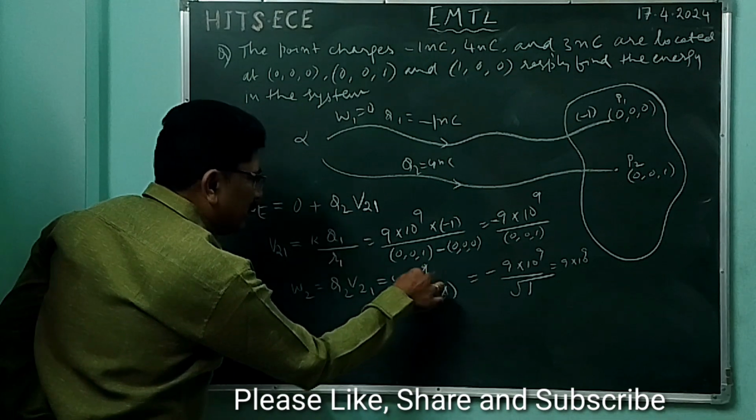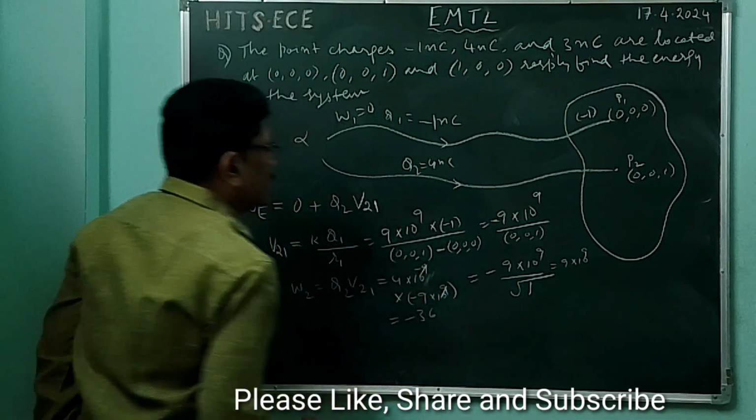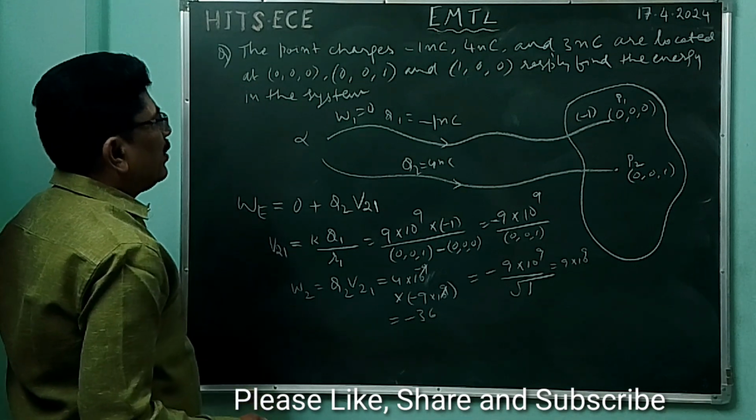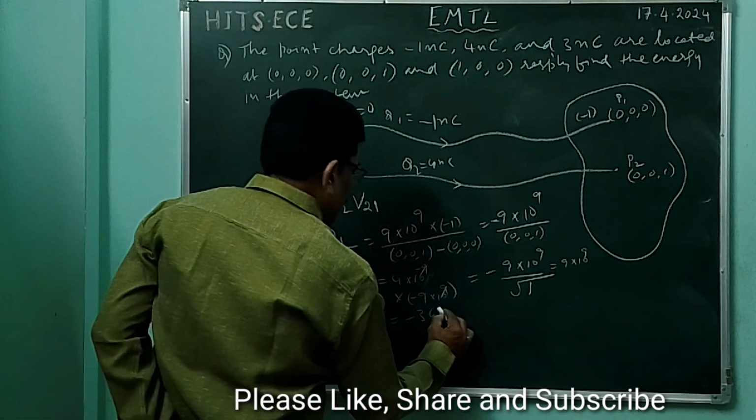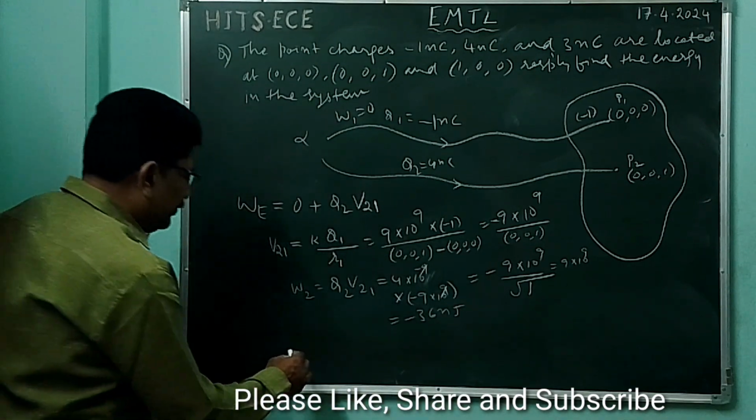Multiplying, 10 to the power of 9 with 10 to the power of minus 9, we get minus 36 nanojoules.